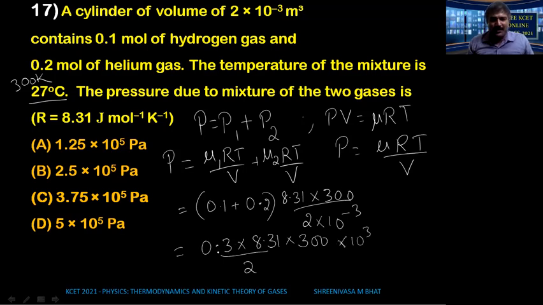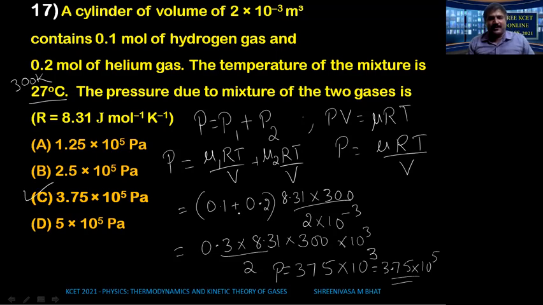Simplification is very simple. 0.3 into 300 is 90, 90 into 8 is around 700 plus 50, approximately 750. 750 by 2 is 375. 375 into 10 power 3, or we can say 3.75 into 10 power 5. So this is the final pressure, or the pressure due to both the gases together. So option C is correct.